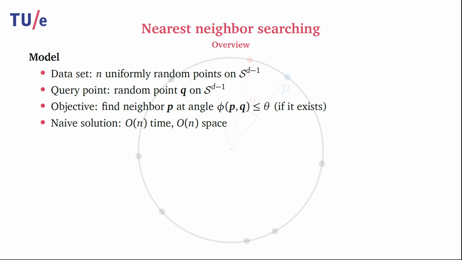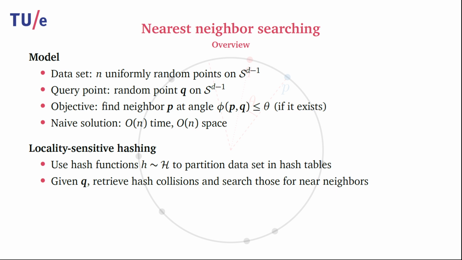The objective after the preprocessing is to find a neighbor P which has an angle smaller than theta from the query point. A naive solution would just be to go through the entire dataset one by one and see if any of them has a smaller angle than theta with the query point. This would take big O of n time and big O of n space for storing the entire dataset.